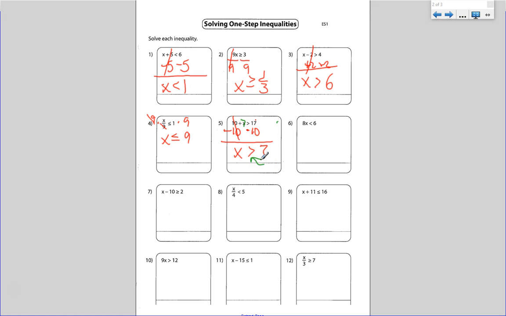If we pick 8, which is a number that would make that statement true, when we plug in an 8 right here, 10 plus 8 is 18, and it makes it true. 18 is greater than 17. Just like yesterday when we worked on possible solutions, that's what we would do here as well.